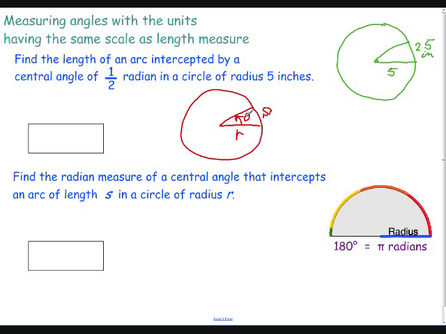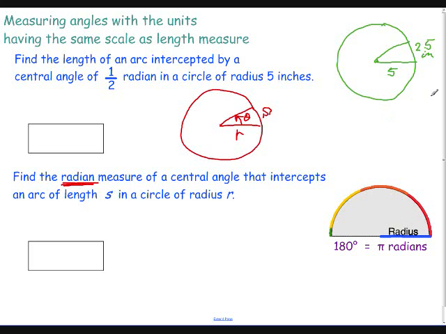Notice when we're dealing with arc length, we're always talking about radian measure. Degrees will not work. So I know my answer may have a number, but it's not going to have a number value for me. How did I find it over here?